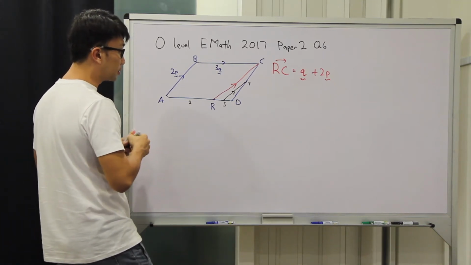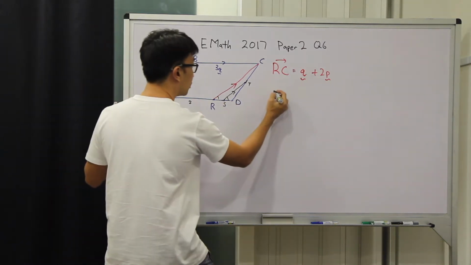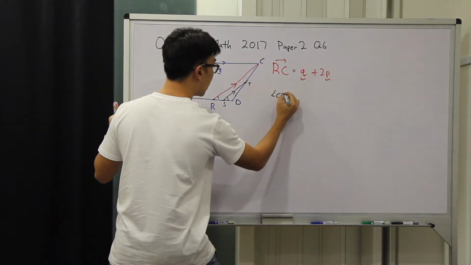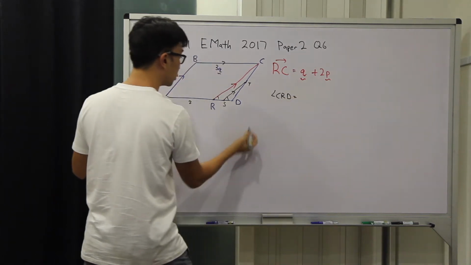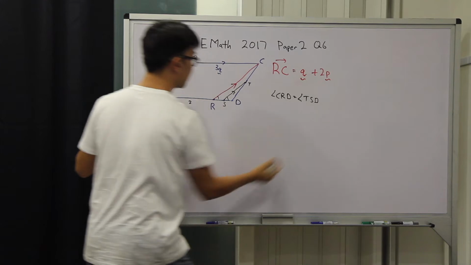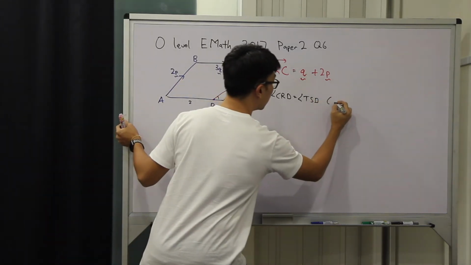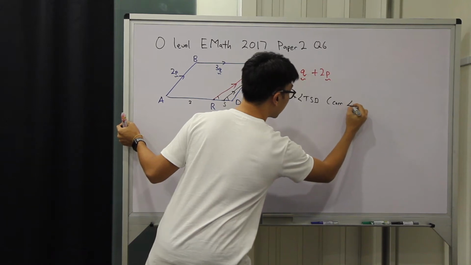The first pair of angles we can use is this and this. So angle CRD is equal to angle TSD. And the reason why these 2 angles are the same is because of corresponding angles.